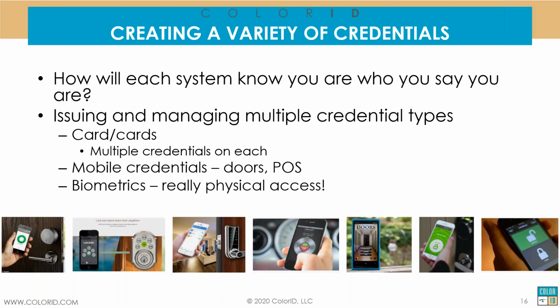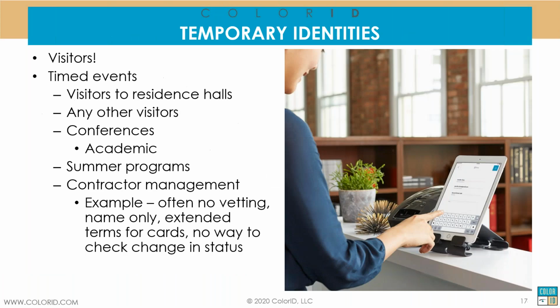And then if you have biometrics on your campus, how do you manage that? Is it a totally separate system? Is it integrated in some way? So these are all different credential types that need to be managed. And I mentioned earlier, temporary identities. These are visitors to your campus, and there's usually a time frame involved. Now, you may or may not care about the time frame, but if you do care, do you have a way to manage these?